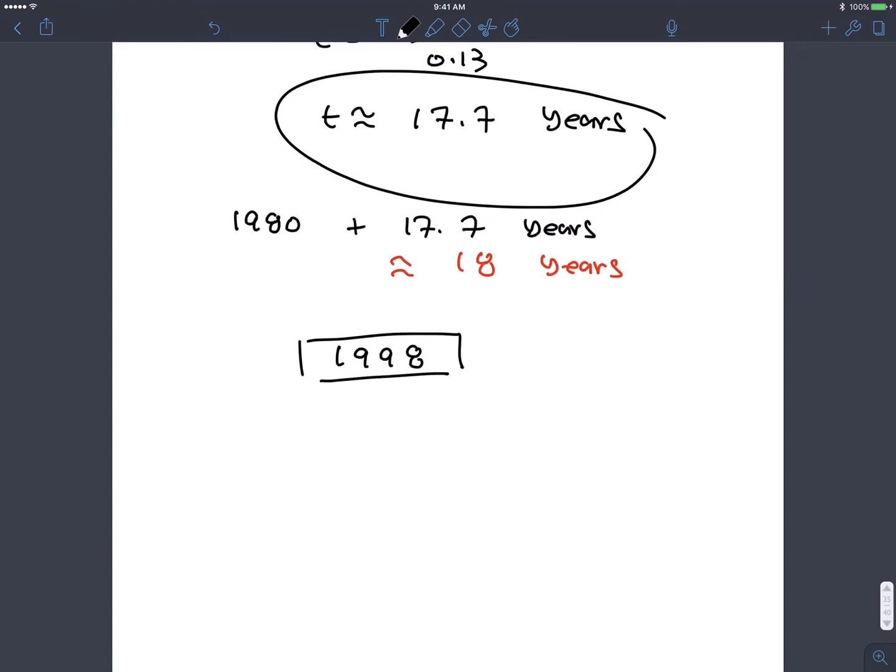So about 18 years after 1980, we'll go from 100,000 passengers to 1,000,000 with that 13% growth rate.